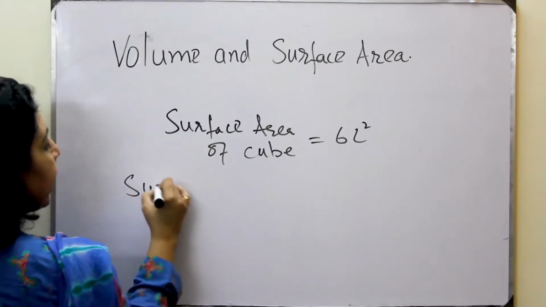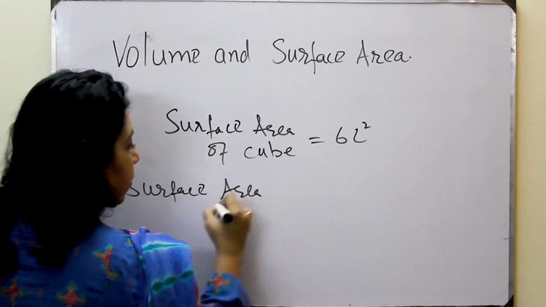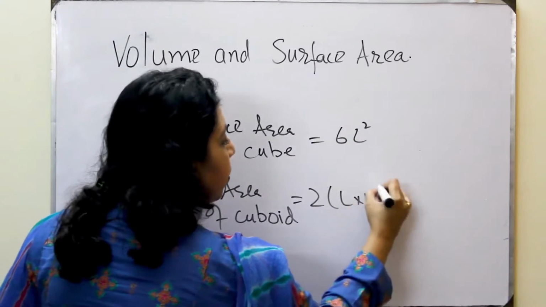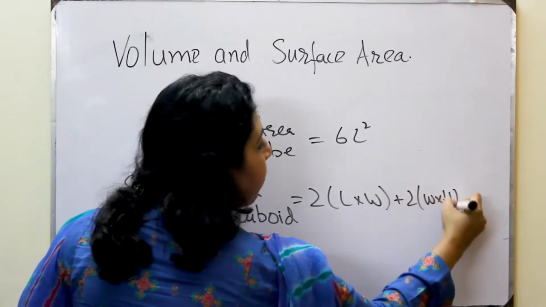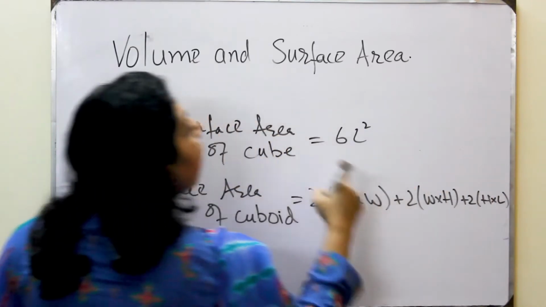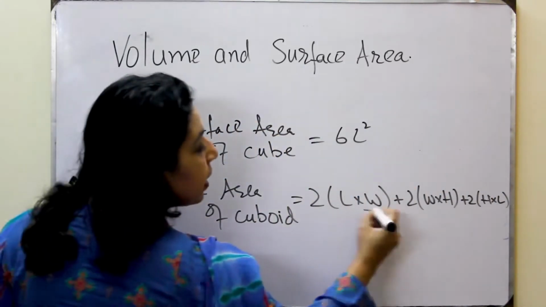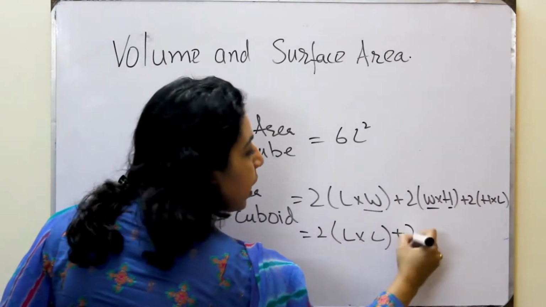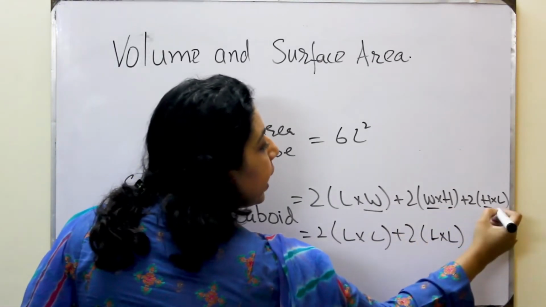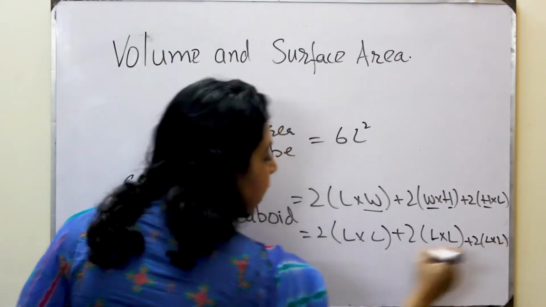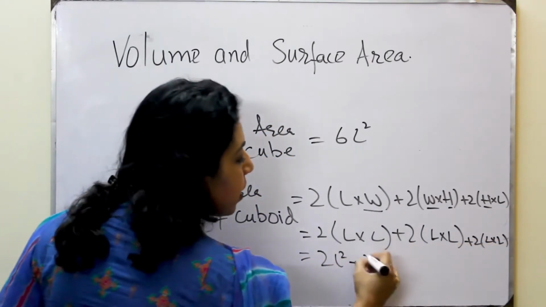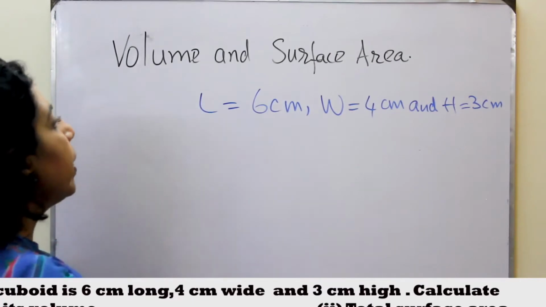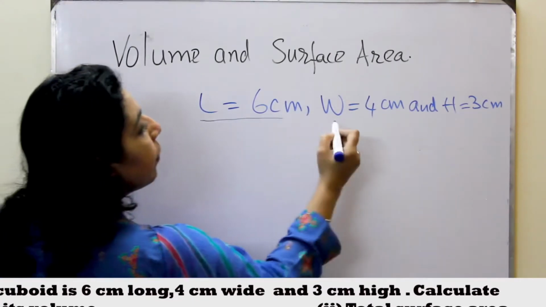The surface area of a cuboid is twice L into W plus twice W into H plus twice H into L. When we have a cube, all sides are the same, so this W will become L, this W and H will become L, and this H will also become L. You can see that you have twice L square plus twice L square plus twice L square, which will give you 6L square.